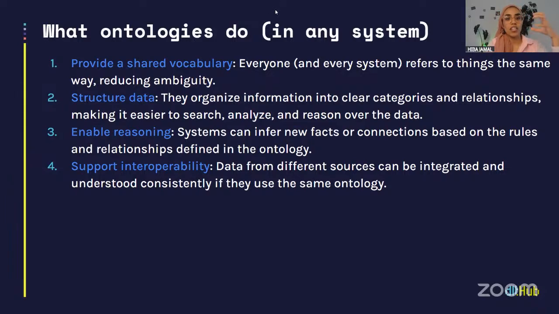So there needs to be a shared vocabulary of what it means for there to be a JSON link paginator, for example, or any other offset paginator, or different authentication mechanisms within DLT. So yes, it provides a shared vocabulary. It does it in a structured way. And once it provides this vocabulary, it can enable reasoning between different systems.